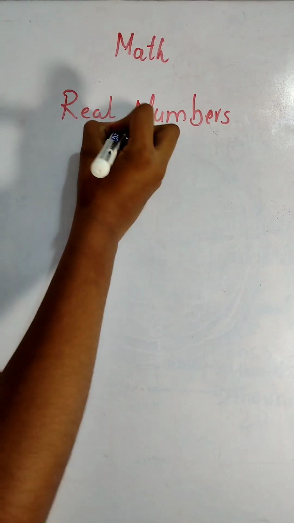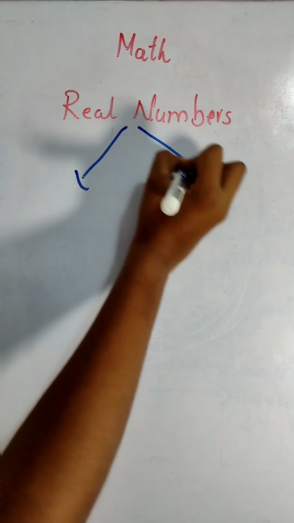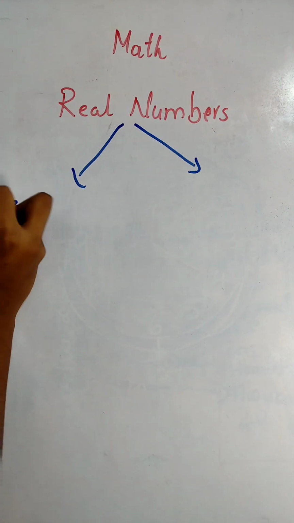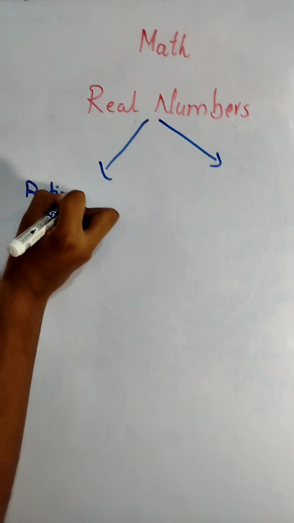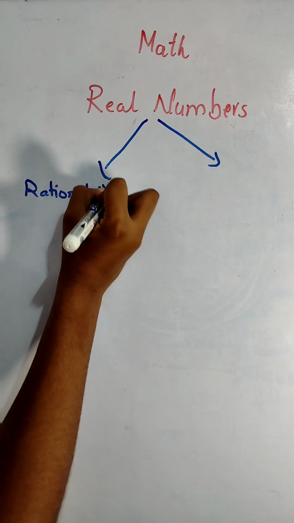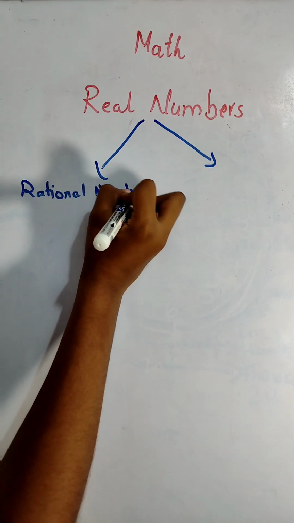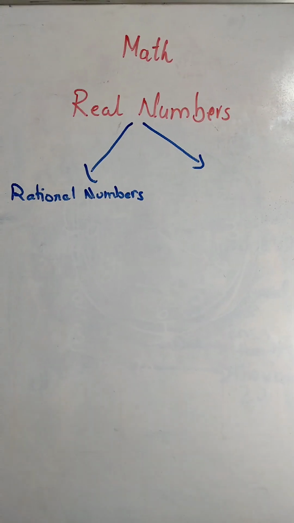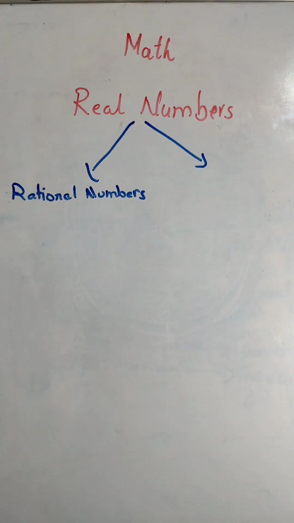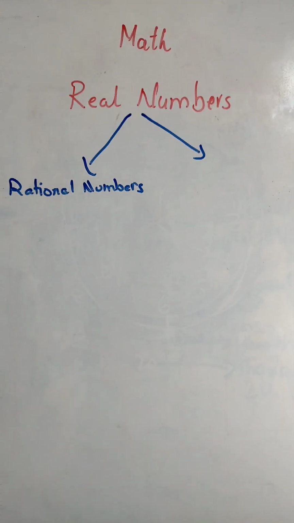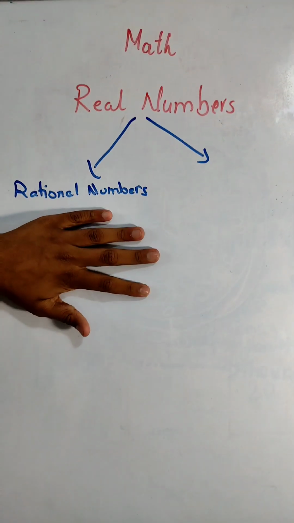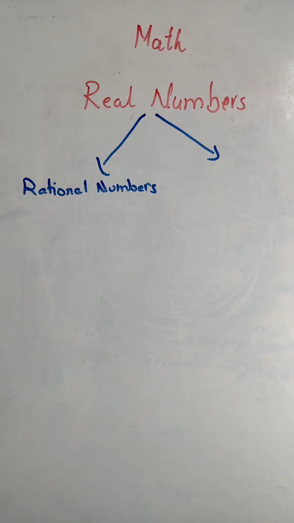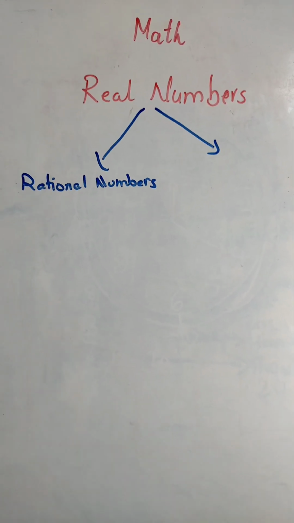If you take real numbers as a subheading, then we can subdivide this into two: rational numbers, and the second topic, which we'll come back to later, because I will tell you as I go on. We know what rational numbers are. We've covered them thoroughly in another video. If you want, check that out after this video, or right now and then come back to this video.